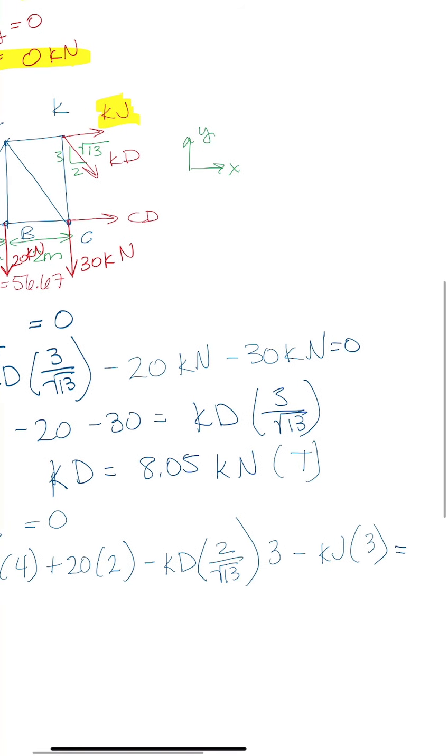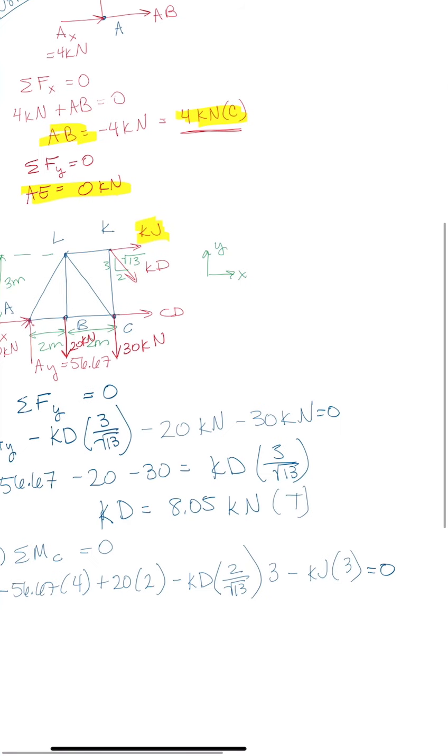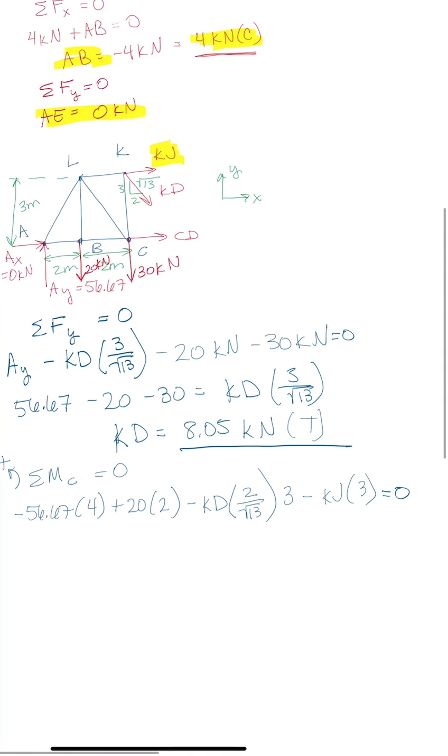That equals 0. And then we already found KD, so now we can multiply that all out and see what we get. I'm actually going to put the KD in here, 8.05. I'm just opening my calculator.